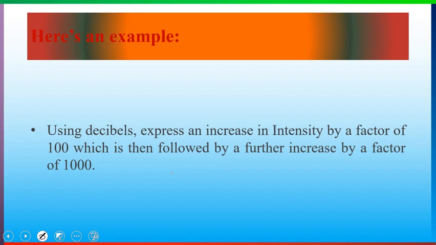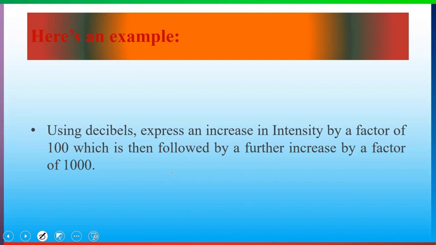You can see here we haven't been provided with the initial and final numbers to make the ratio, but we have only been given the factor. For example, the first ratio is solved and the solved number is given to us, that is 100. So that is called a factor.